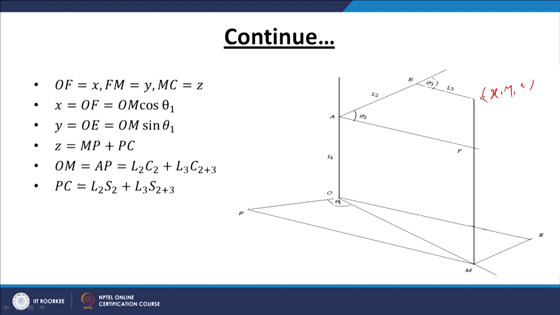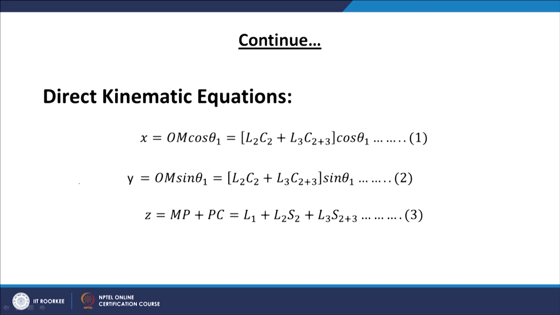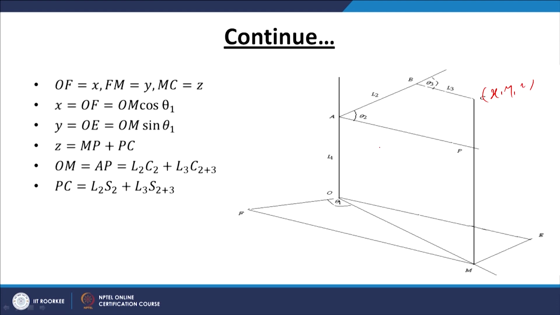So, we see that the direct kinematic equation of this robot manipulator is given by a simple geometric relation, as in equations 1, 2, 3. That is, the x coordinate is (L2 cos theta 2 plus L3 cos (theta 2 plus theta 3)) multiplied by cos theta 1. That can be seen from this particular picture.